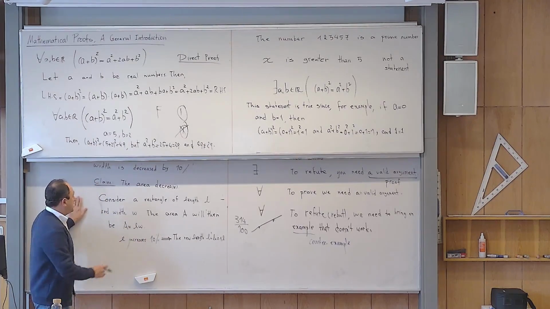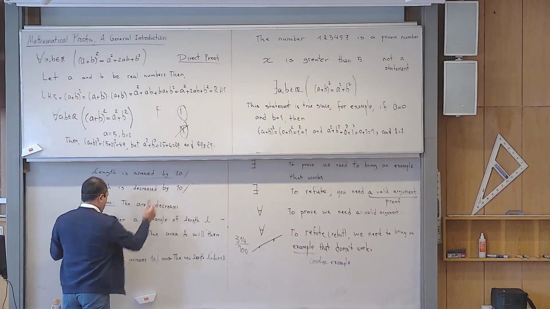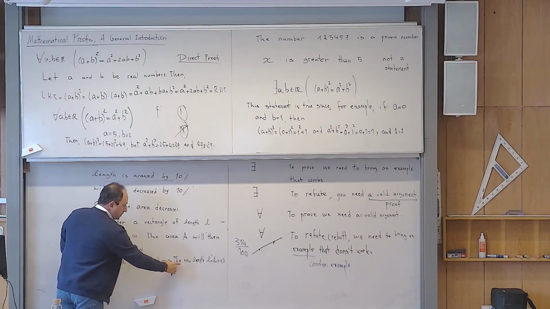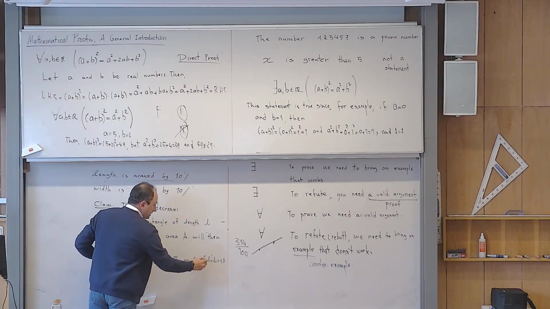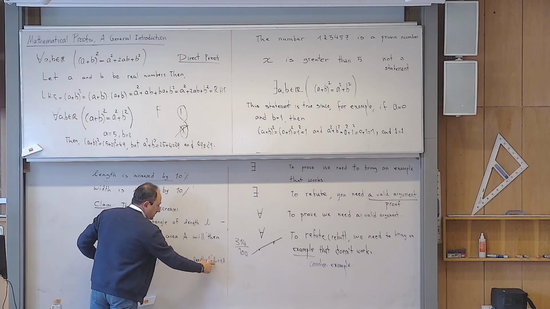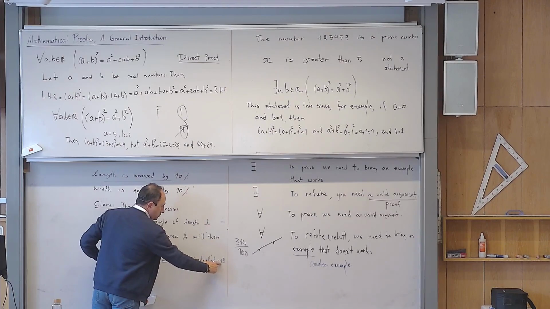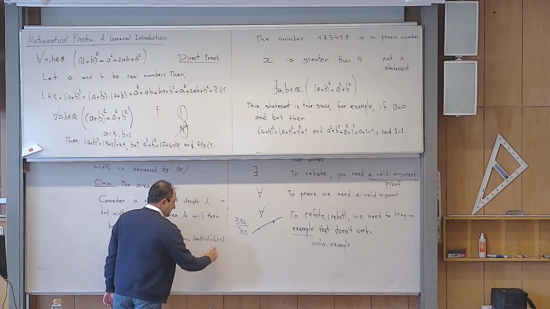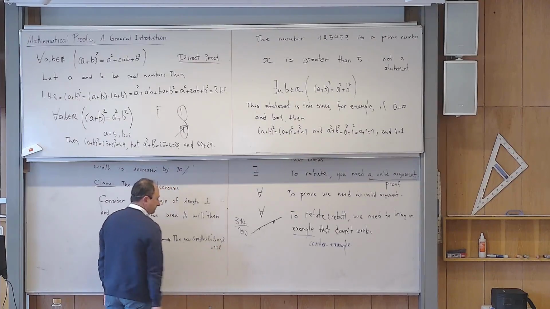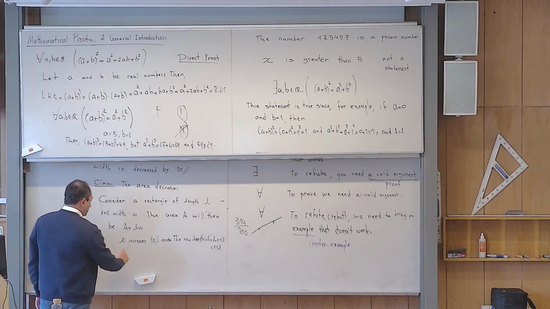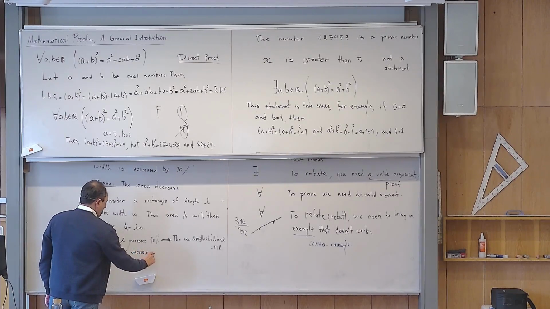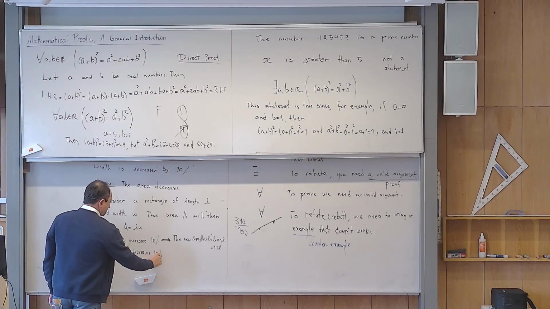Now, this statement, L increases 10%, implies that the new length is L prime, which is the old L plus 0.1 L. Yes? Which is equal to what? 1.1 L. Yes? And then you can say that W decreases 10%.